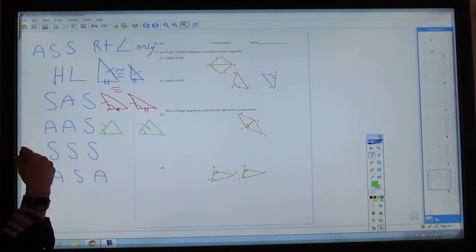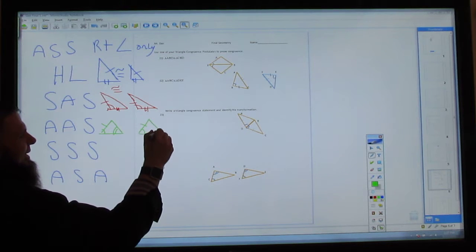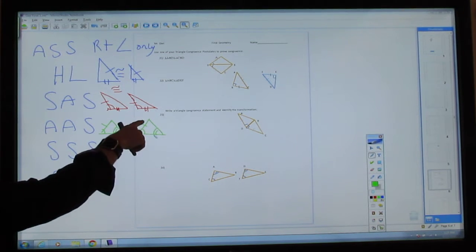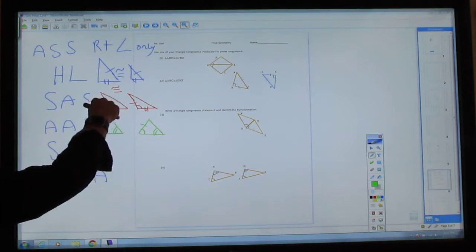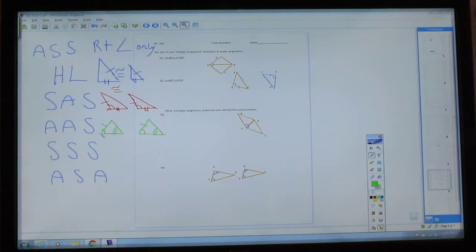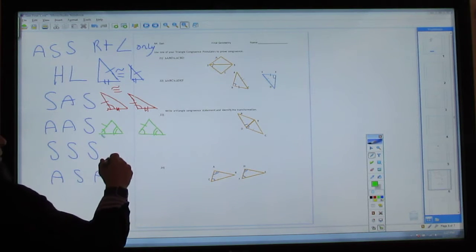See how it says angle, angle, side? That's how you have angle, angle, side. They have to go together. I can't go backwards to make it happen. I can't go side, side, angle like that. That doesn't work. They go together. One comes after another. Fascinating.